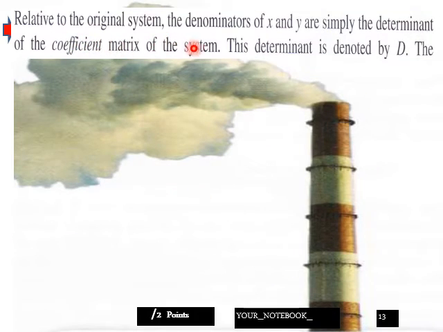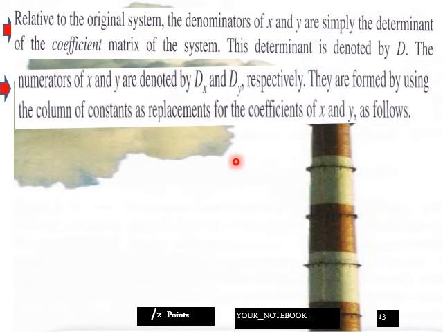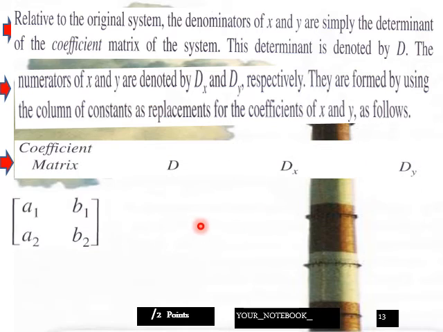Relative to the original system, the denominators of x and y are simply the determinant of the coefficient matrix of the system. This determinant is denoted by D. The numerators of x and y are denoted by Dx and Dy, respectively. They are formed by using the column of constants as replacements for the coefficients of x and y as follows.